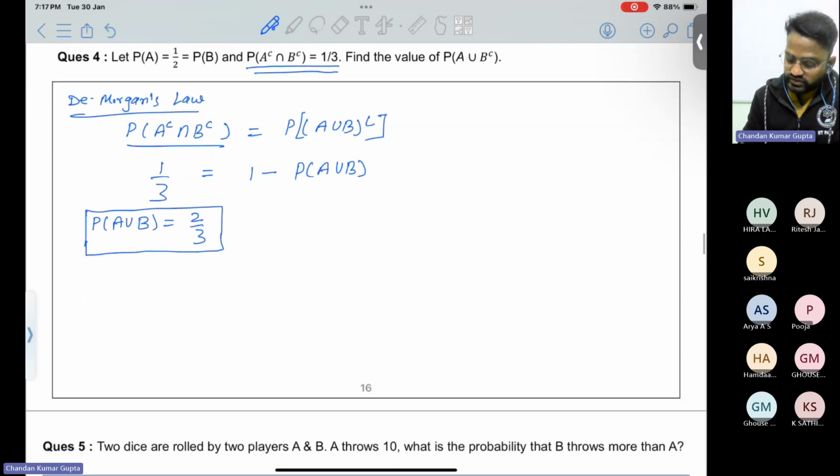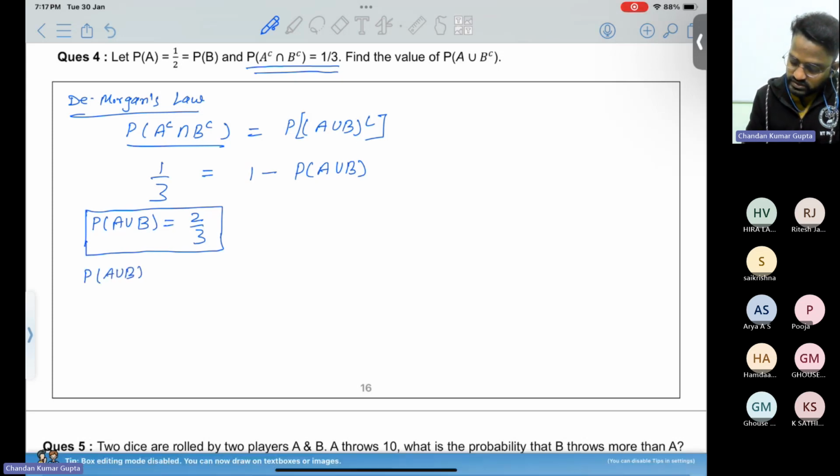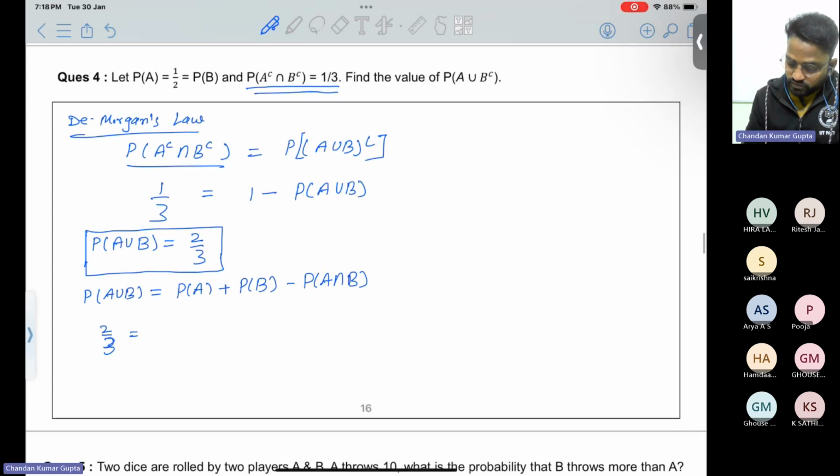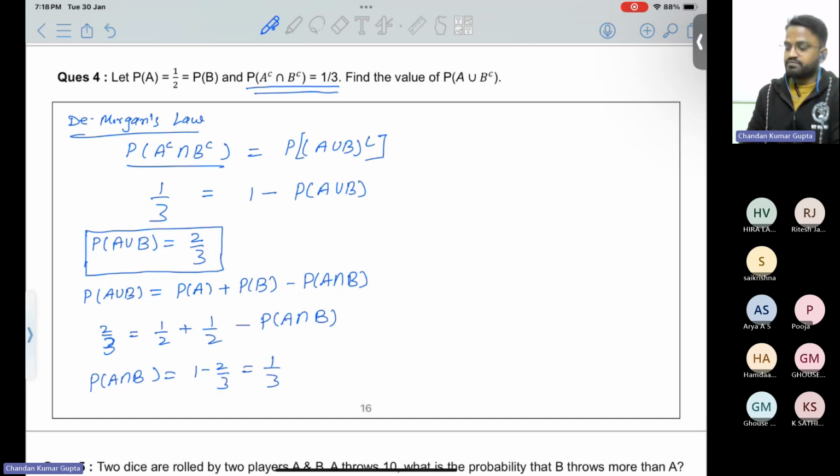What we can calculate with the help of the additive law: the probability of A union B equals the probability of A plus the probability of B minus the probability of A intersection B. From here, 2 by 3 equals the probability of A, 1 by 2, plus the probability of B, 1 by 2, minus the probability of A intersection B. And from here we calculate the probability of A intersection B equals 1 minus 2 by 3, which is equal to 1 by 3.